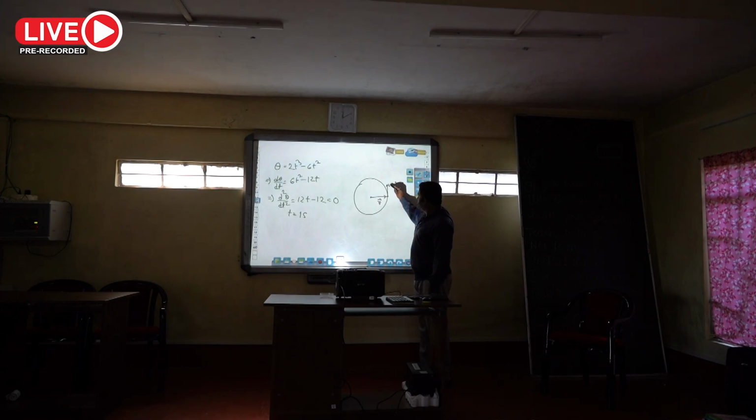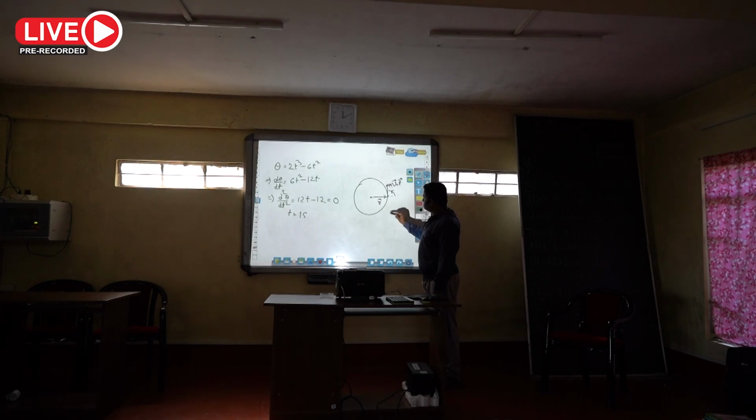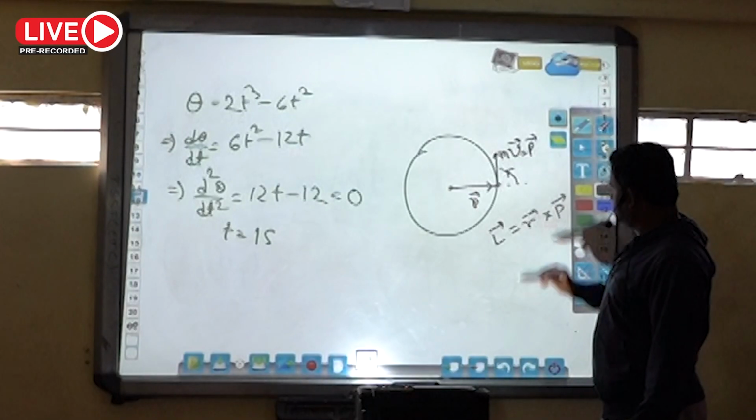Multiplied by m, it will give you the direction of linear momentum. Now taking a cross product, L equal to r cross p.